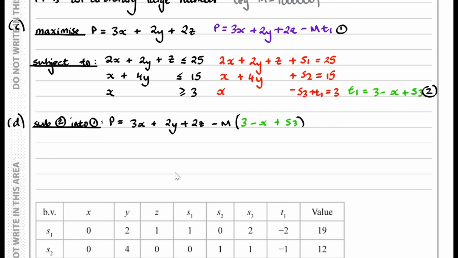If we tidy all this up a little, we have 3x plus 2y plus 2z minus 3M plus Mx minus Ms3.